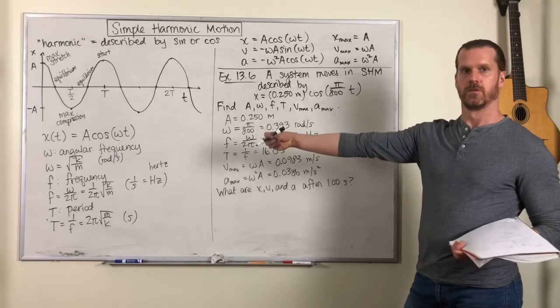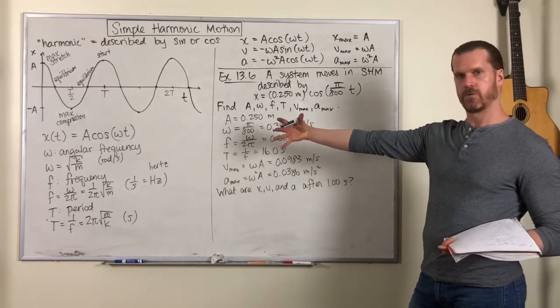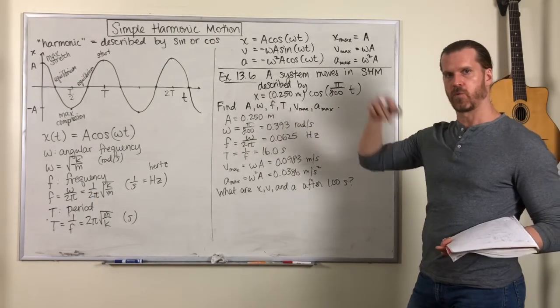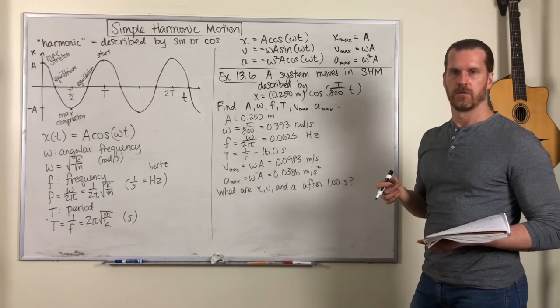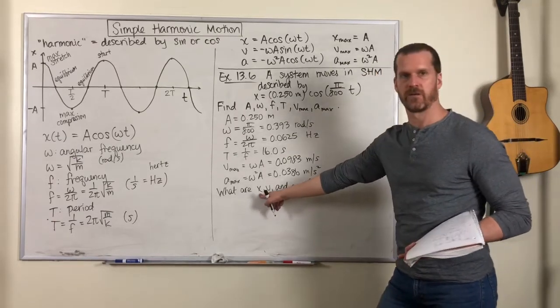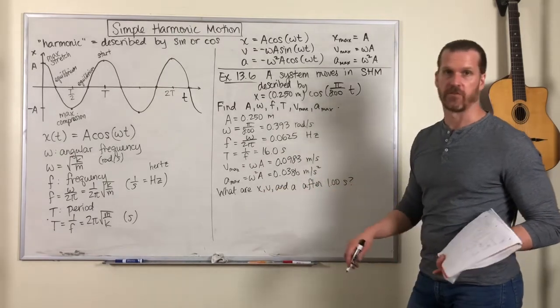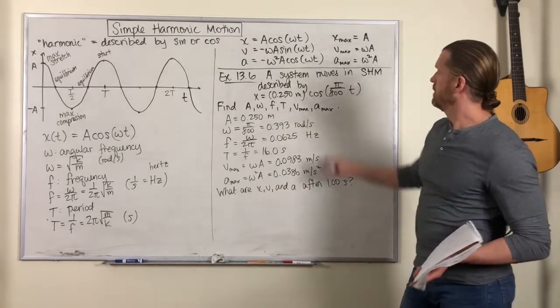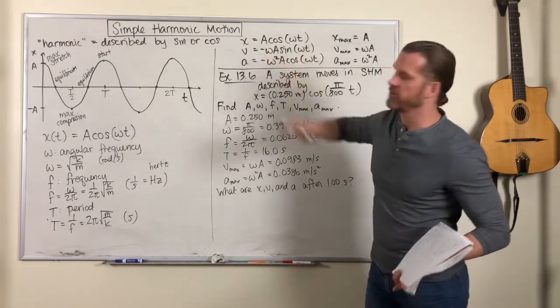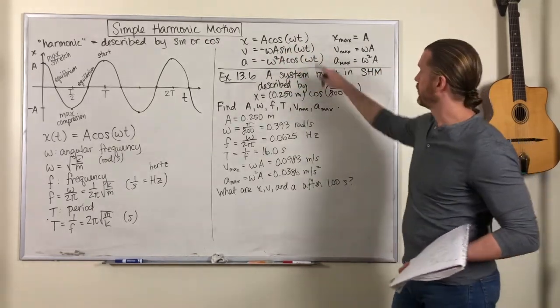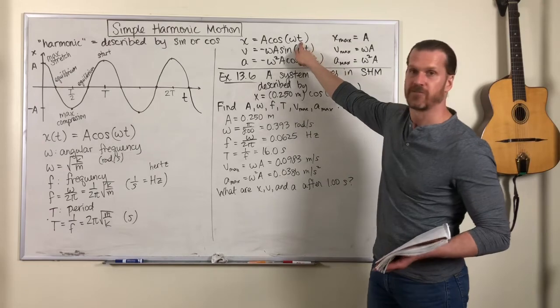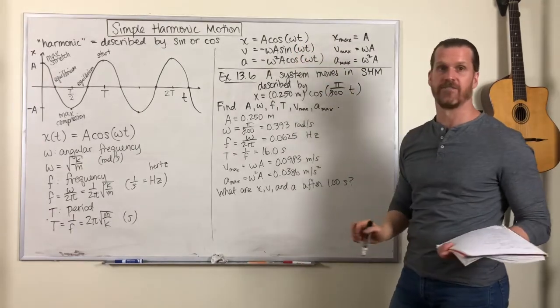All right, so pull that spring back, let it go, clock 1 second on your timer. Where is that block now? How fast is it moving? What's its acceleration? Well, that's what these three equations are good for. You just plug in 1 second for t in each of these and evaluate the result.